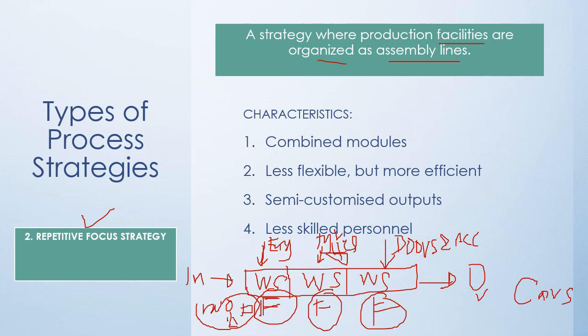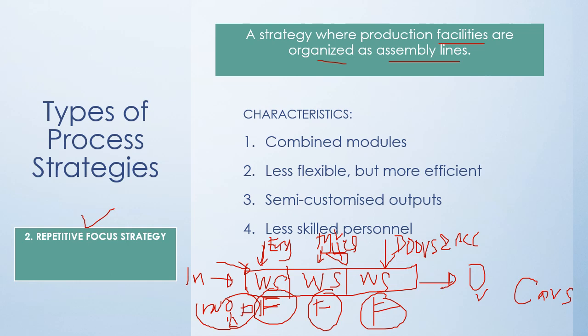But what happens here on the assembly line is that the process flow is according to sequence. Maksudnya, untuk menjalankan proses to produce the car or the output over here, the company will follow the specific flow of sequence on the assembly line.